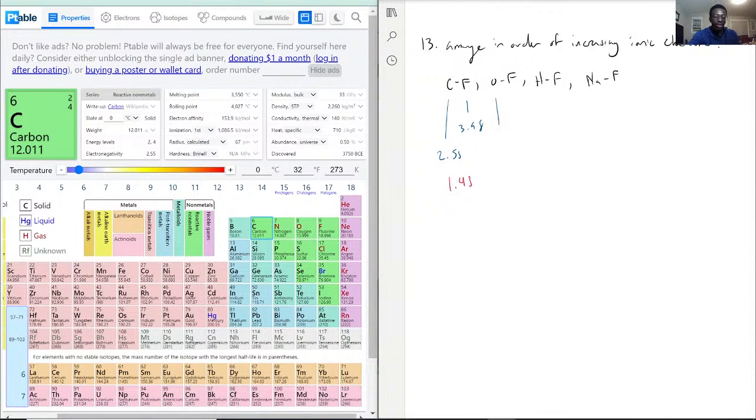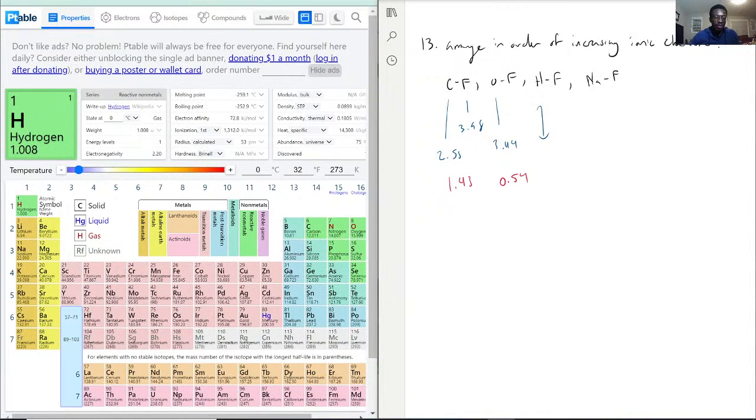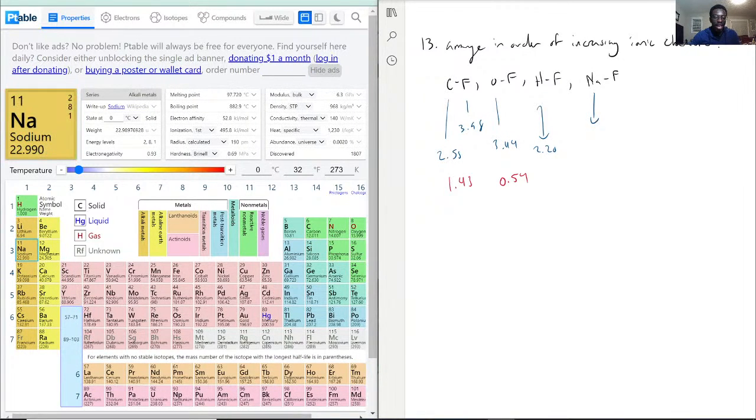Oxygen has an electronegativity of 3.44, so we have a difference of 0.54. HF: hydrogen has an electronegativity of 2.20, and sodium, just to save time, has 0.93.